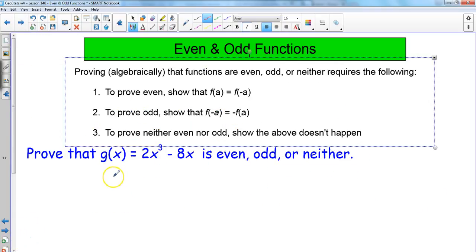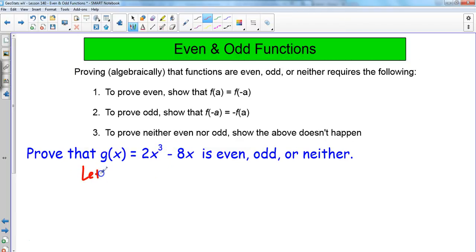Alright, so let's check out another proof here. Different function. And here we want to show that it's even, odd, or neither. So we start off just like normal. We start off with our function. Let g of x equal that function above. And we should probably specify that the number that we're going to be plugging in is just a real number.